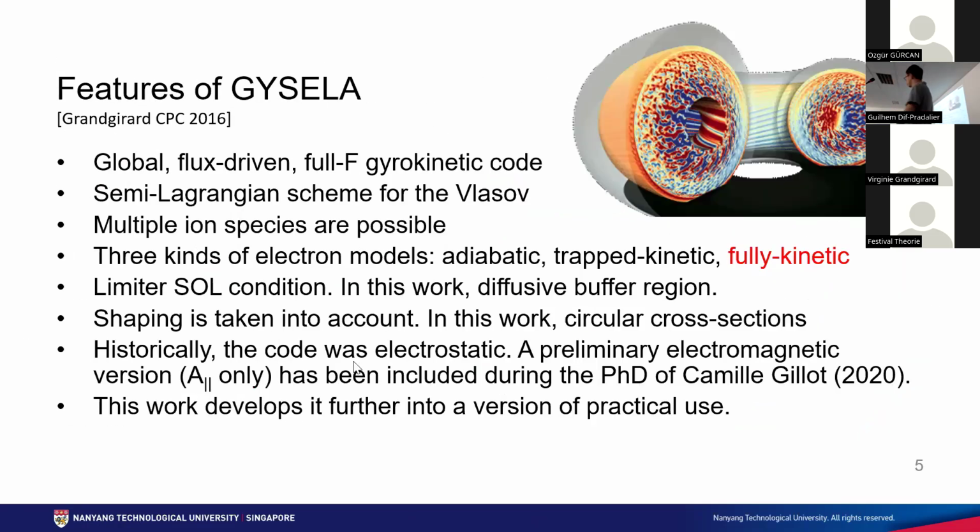Now, what we are trying to do is to use this very brilliant code, Gisela, and see if the same thing can be reproduced, or study the mechanism of such a suppression. So Gisela is what we call a global flux-driven full-f gyrokinetic code.